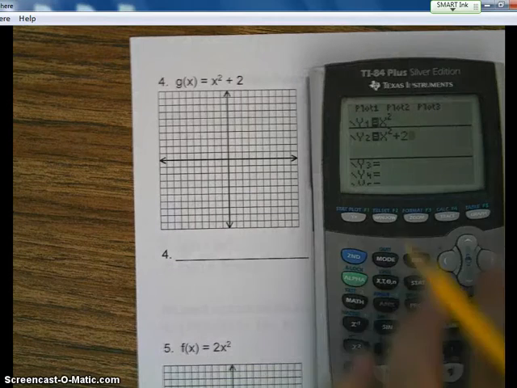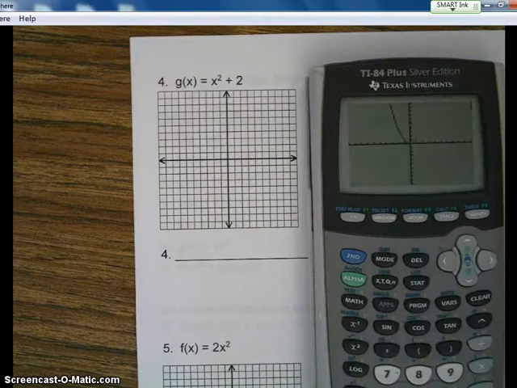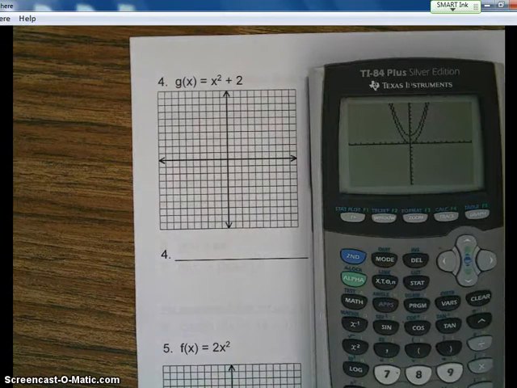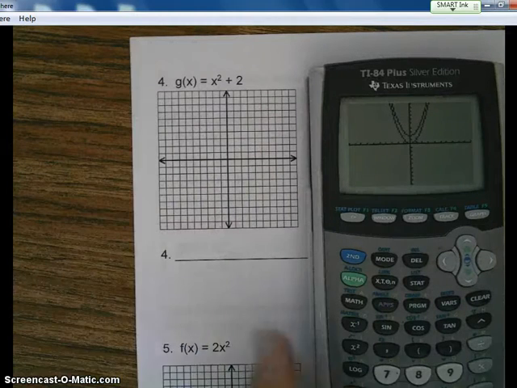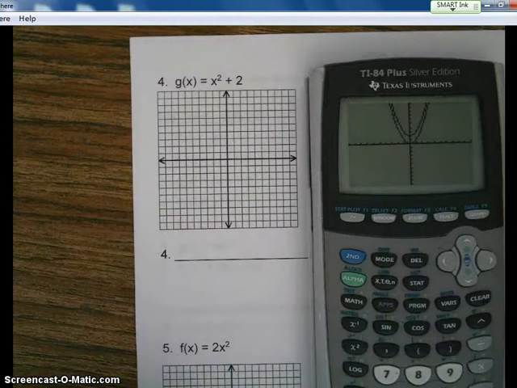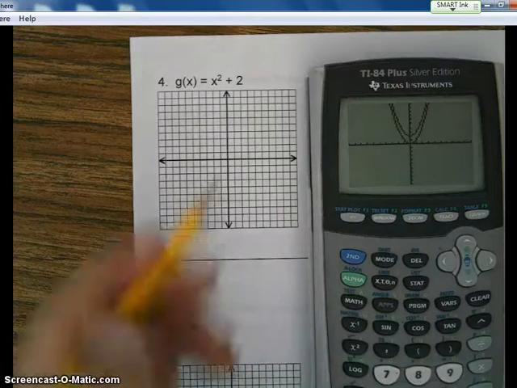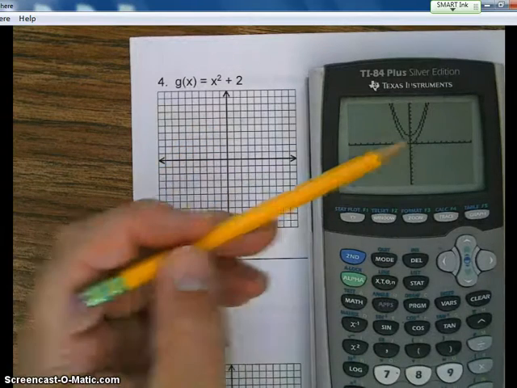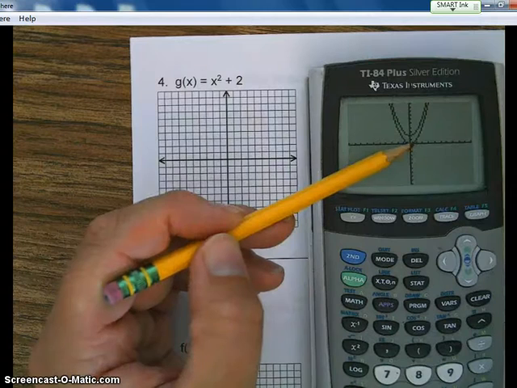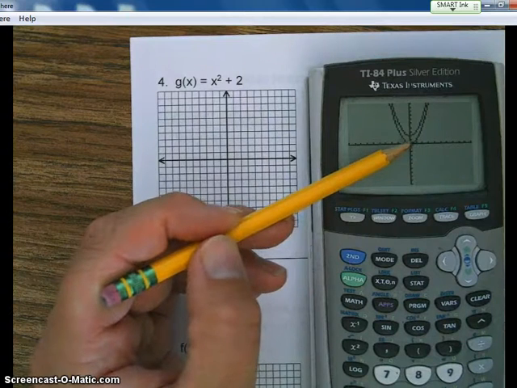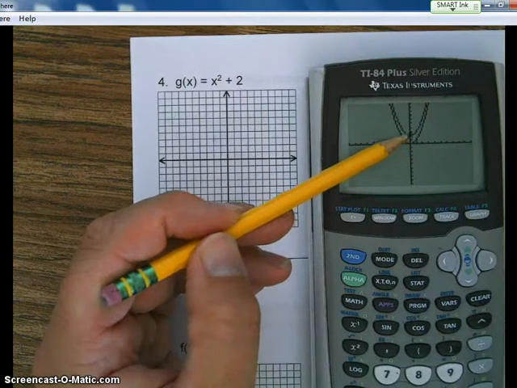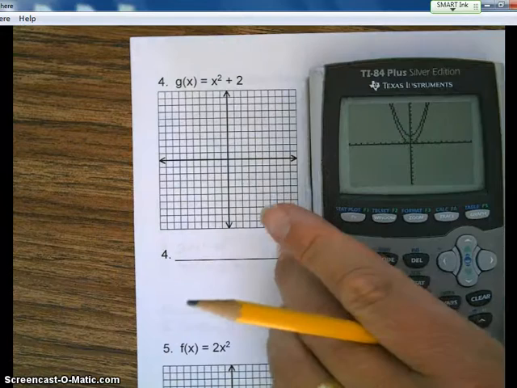So there's your parent, and there's the transformed graph. What do you notice? Well, you should have noticed that the vertex has been translated 1, 2 units up.